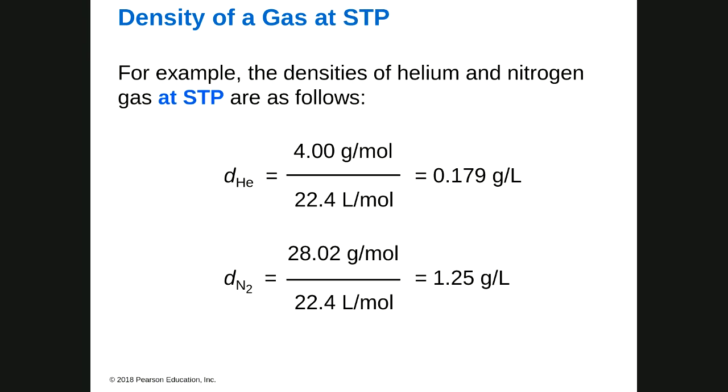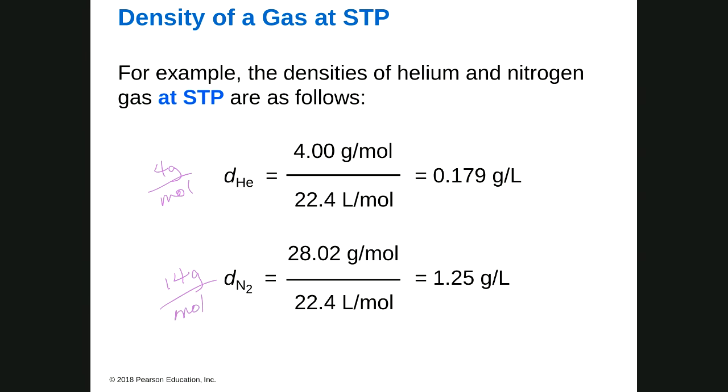So if we look at our helium and nitrogen, helium, that's 4 grams per mole, or is it 2? Anyway, nitrogen is 14. Wonder how come I know that one, and I can't remember helium right now.